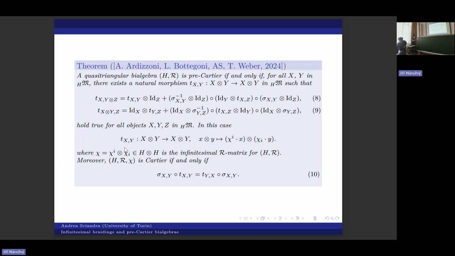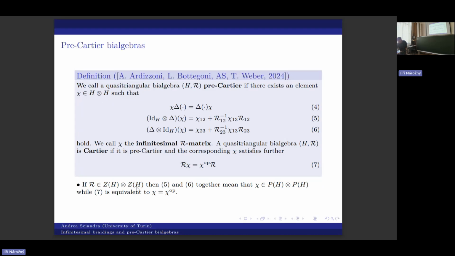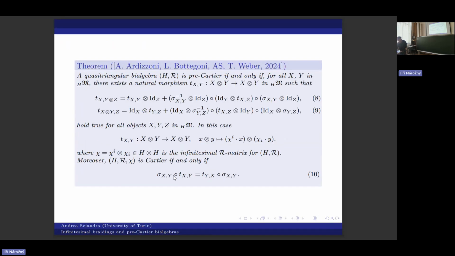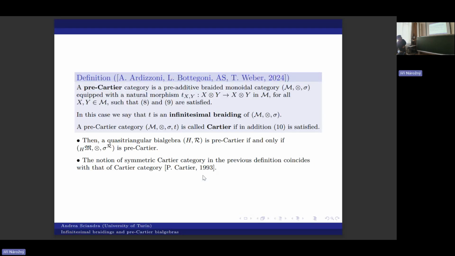And so Cartier was this condition here, and you see that R chi was equal to chi R, and now we obtain this condition here in terms of morphisms. So sigma composed with T is T composed with sigma. So now we can give a categorical definition, because we can call a pre-Cartier category just a pre-additive braided monoidal category equipped with the natural transformation T such that 8 and 9 are satisfied.